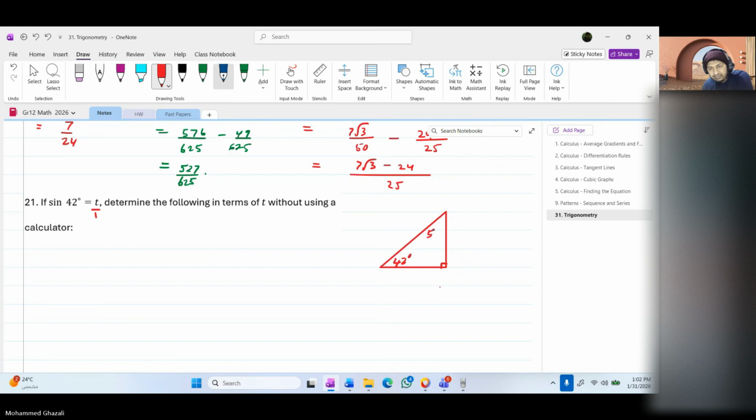And what's on top? 90 minus 42, make sure that triangle is complete. 90 minus 42 is 48. So the triangle is complete. Now, opposite is t, hypotenuse is 1, and the adjacent will be the square root of 1 minus t squared. Depending on which reference angle you're using, you find opposite, adjacent, hypotenuse.